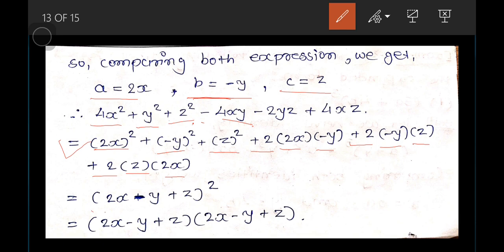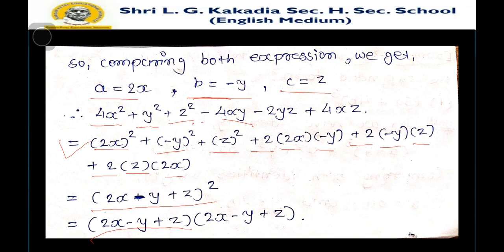Here you can write in the bracket (2x minus y plus z) all square, and again square means the bracket multiplied by itself. So with the help of all these identities we can solve such types of examples, or we can also multiply numbers as we have studied, that is 105 multiplied by 106, and find the product of given numbers with the help of identities.